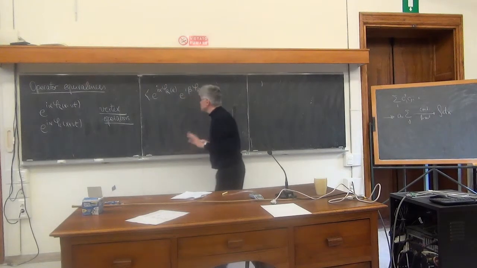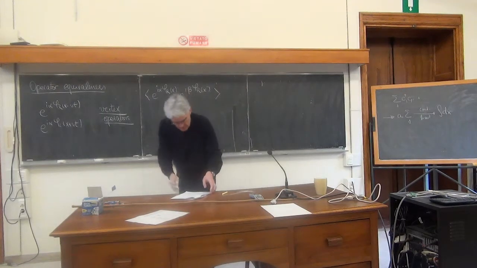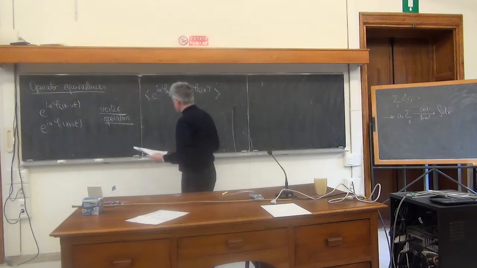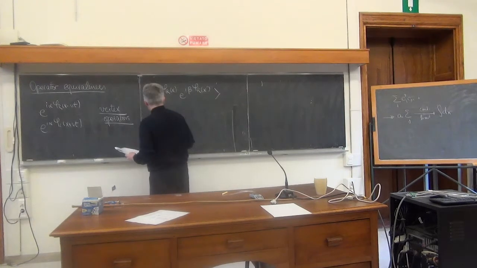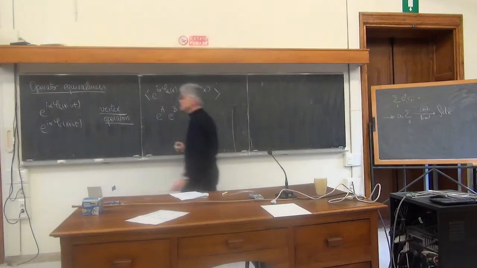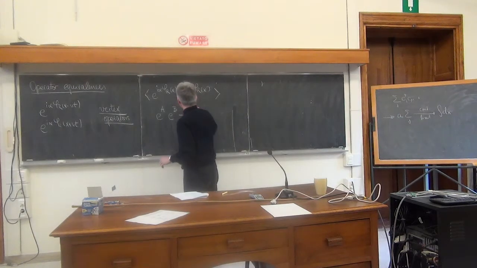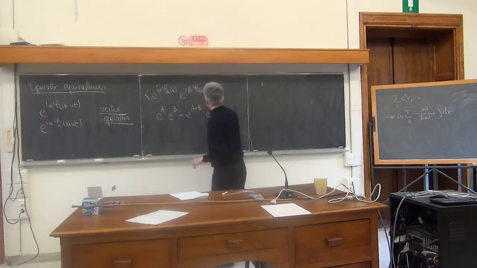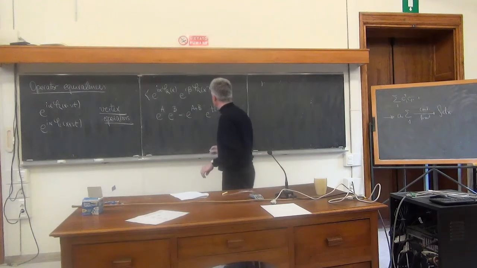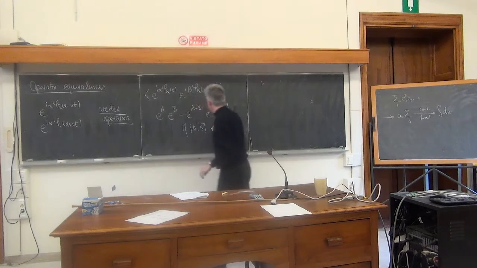Okay, in order to do this, I will use the mode expansion. Okay. And I will use this Baker-Campbell-Hausdorff lemma. So Baker-Campbell-Hausdorff essentially tells you that if you take the product of exponentials, e to the a, e to the b, and a and b are some operators, this is the same as e to the a plus b, e to the 1/2 commutator a with b, if the commutator is a number.